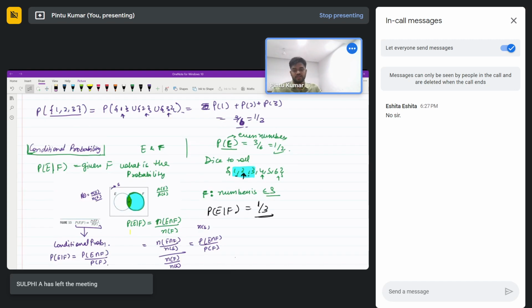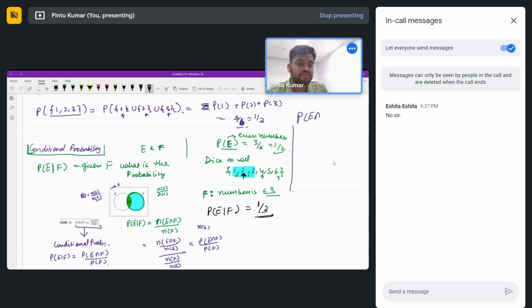So let's apply this on the example that we solved by brute force, and see if this is applicable over here. What is the probability of E given F? Here E was the event that the number I obtain on my dice is an even number, and F was the event that the number is less than or equal to 3. So what is E intersection F?